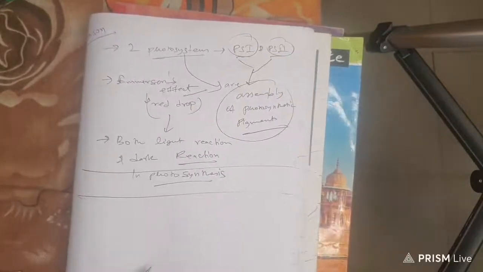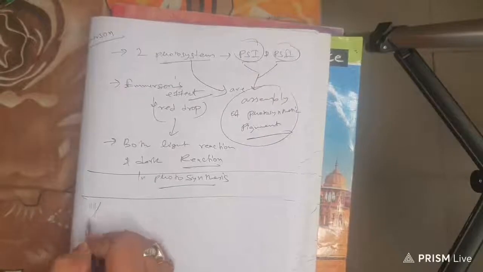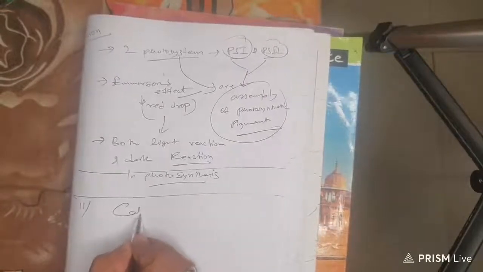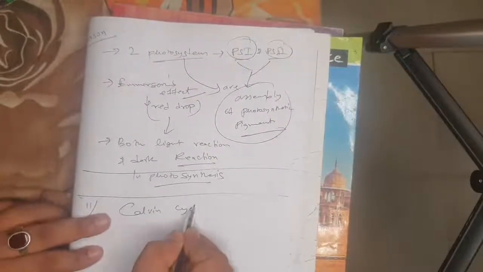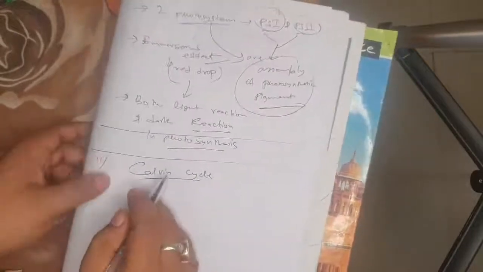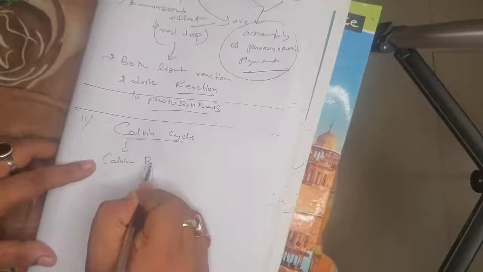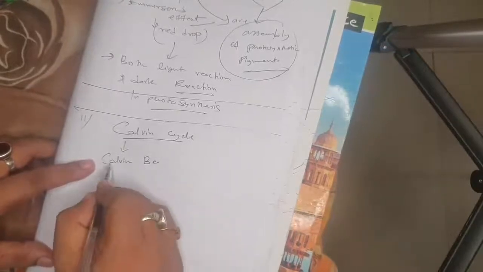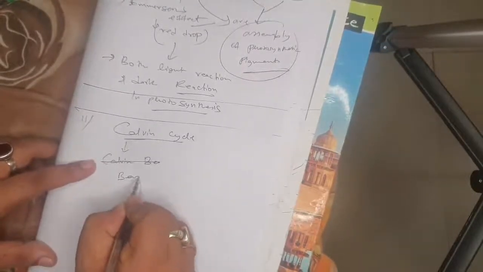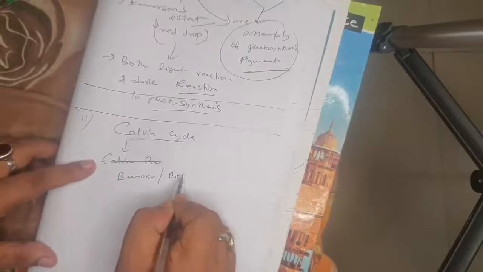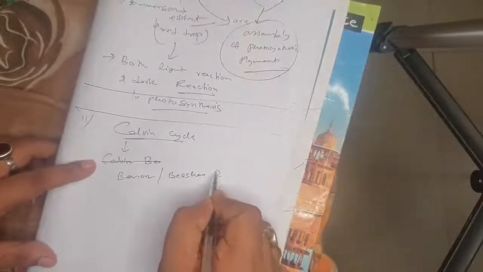Now moving into the last, or 11th, discovery, which is the Calvin cycle. Sir, what is the Calvin cycle? The Calvin cycle was discovered by three scientists, Calvin, Benson, and Bassham.